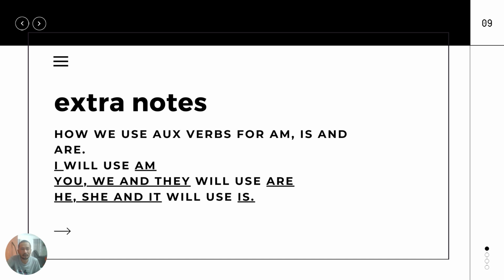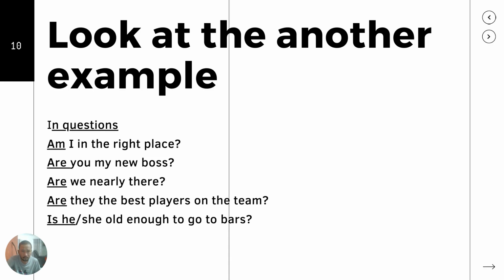So let's take another example. This is in question form. Still, I will use am. You, we, and they will use are. He, she, or it will use is. Still the same in the question form.